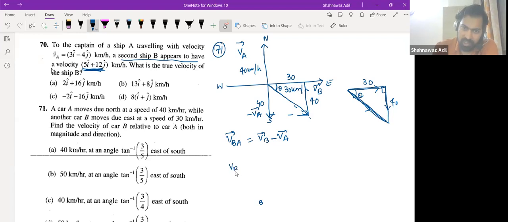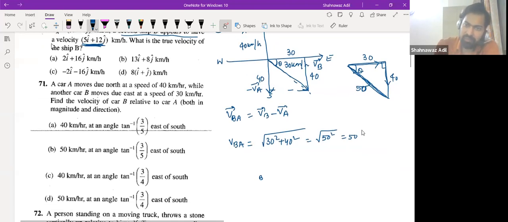So the VBA magnitude, if I don't write the notations, is the root of 30 square plus 40 square, which is root of 50 square, so 50. The magnitude we have calculated is 50 kilometer per hour.